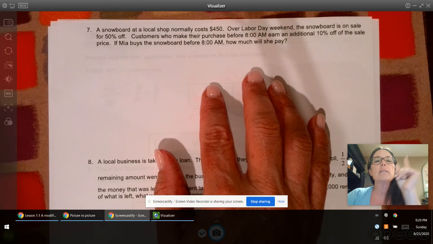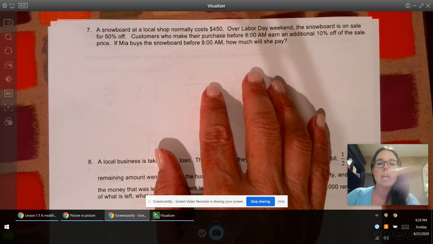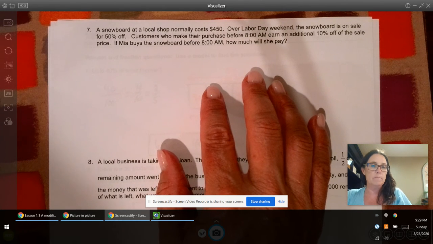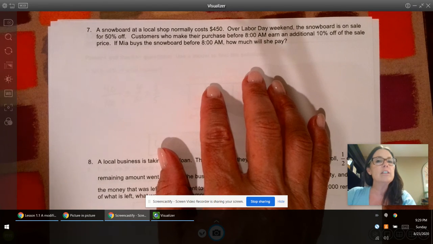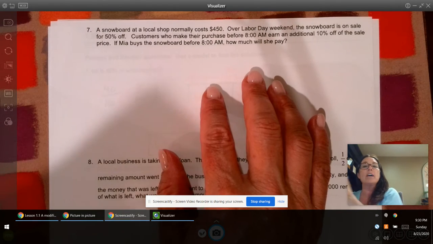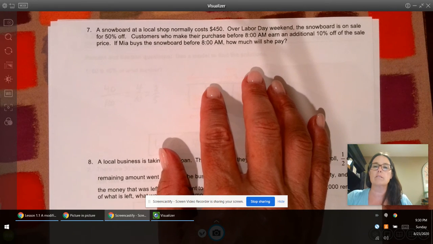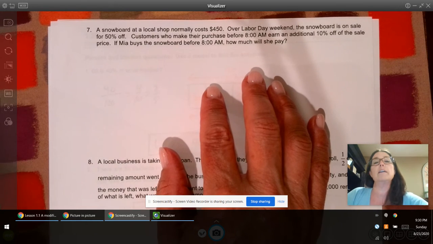Please do not be the kid that takes 60% off of $450. That's not how this works. You need to first find 50% off the $450. Once you have that sale price, then you take another 10% off that discounted price. That's very different than taking 60% off the $450.